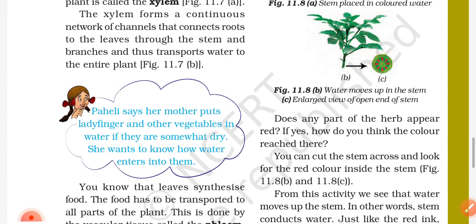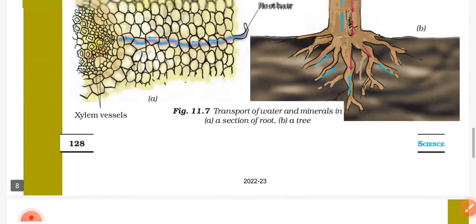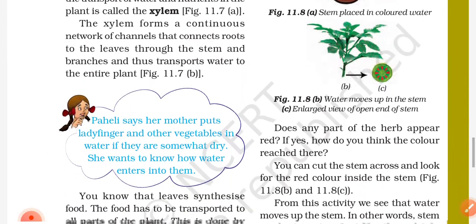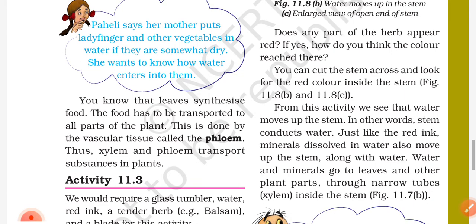Figure 11.7b. 11.7a shows the xylem vessels. Paheli says her mother puts ladyfinger and other vegetables in water if they are somewhat dry.